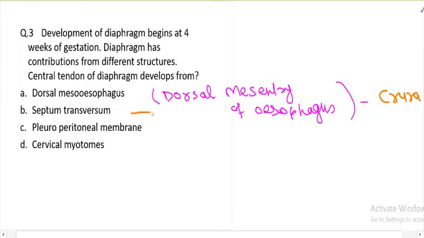Septum transversum forms central tendon.